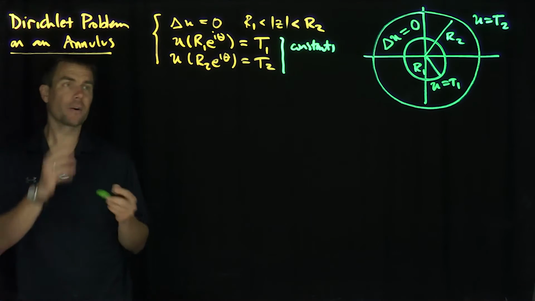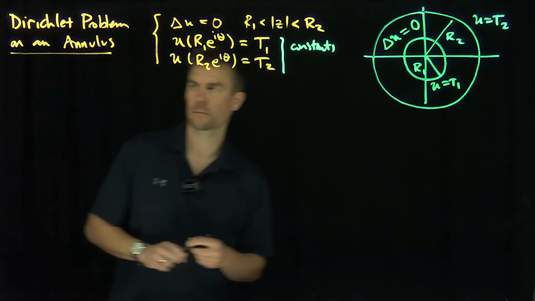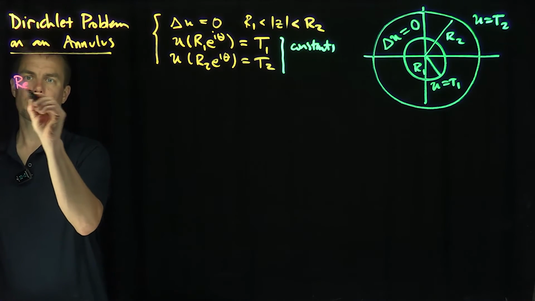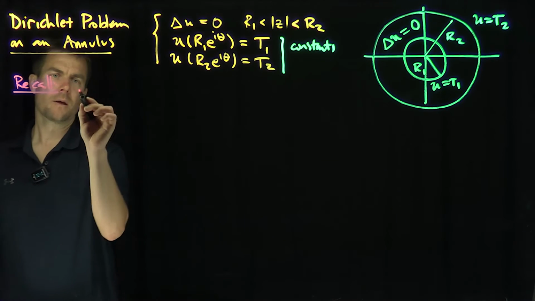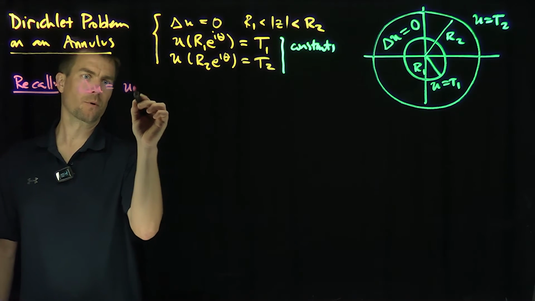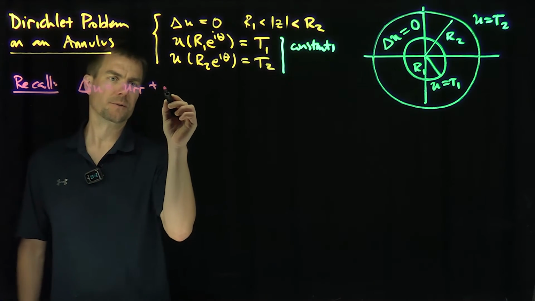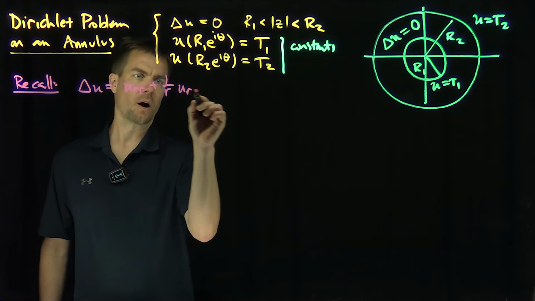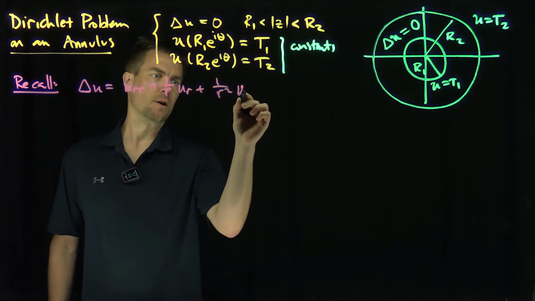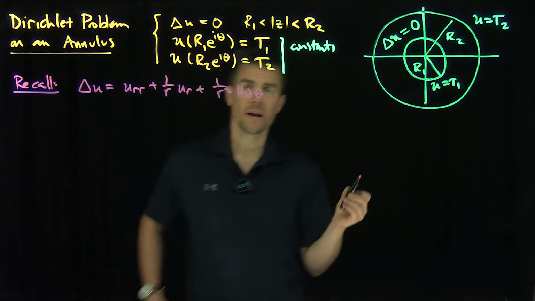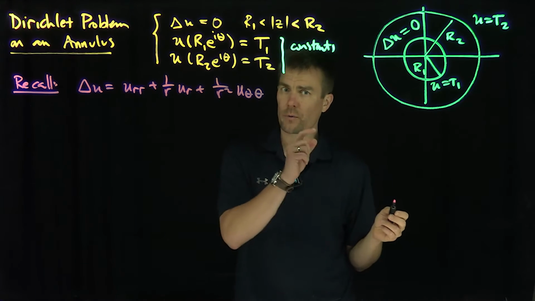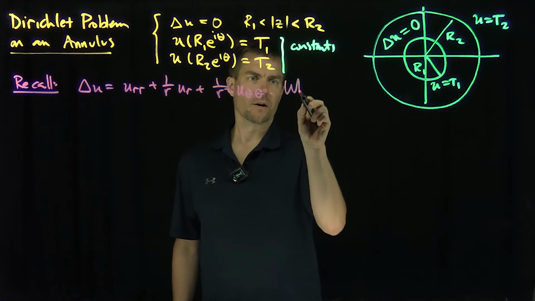And so now what we're going to do is the following. We're going to recall that the Laplacian of u, in polar coordinates, is u_rr plus 1 over r u_r plus 1 over r squared u_theta theta, right? And so if we ask the question, what are the radial harmonic functions?